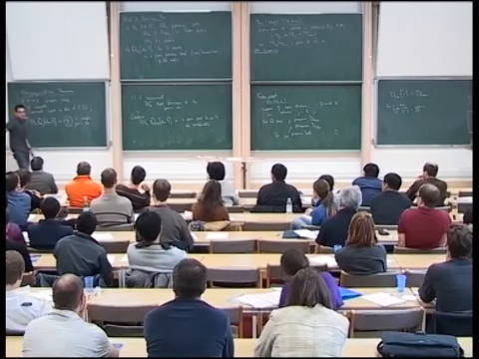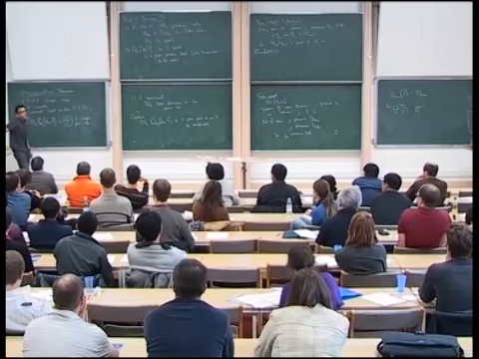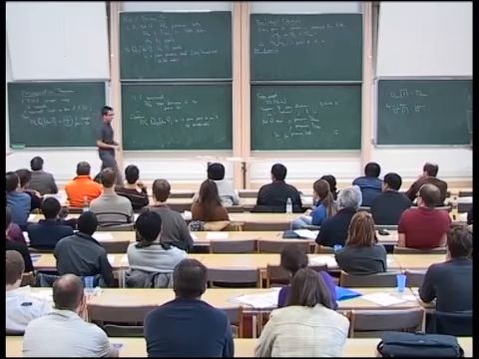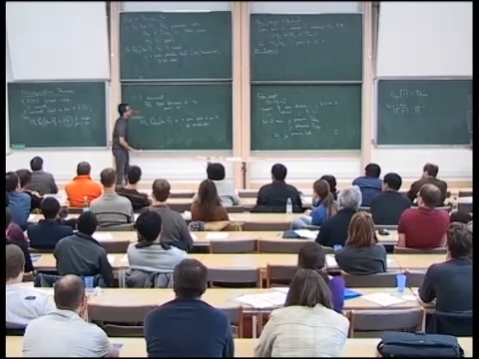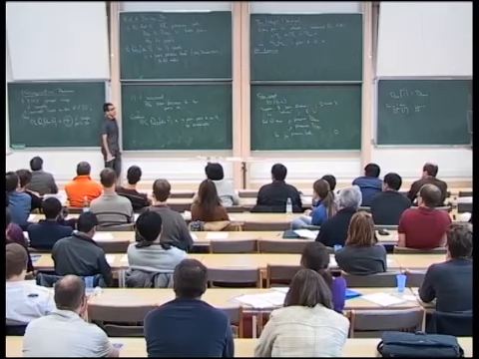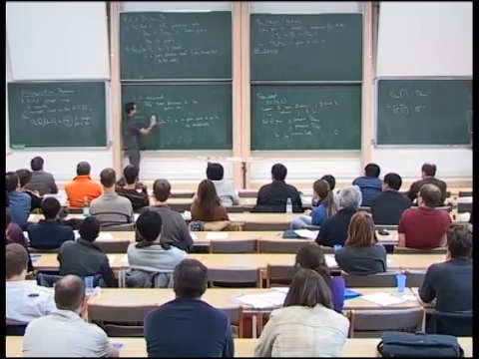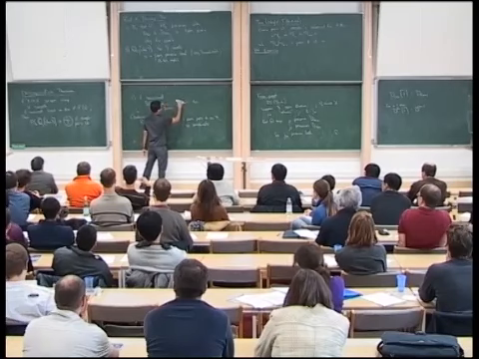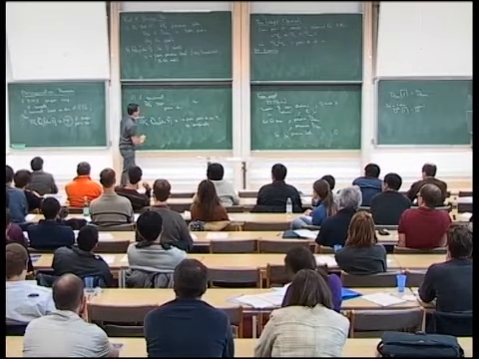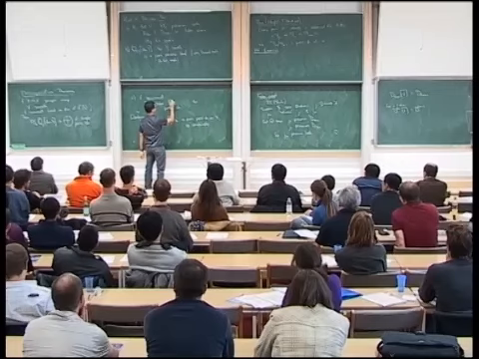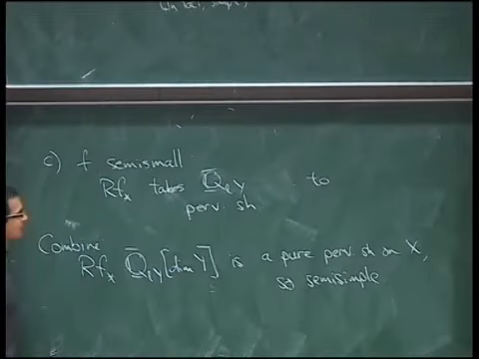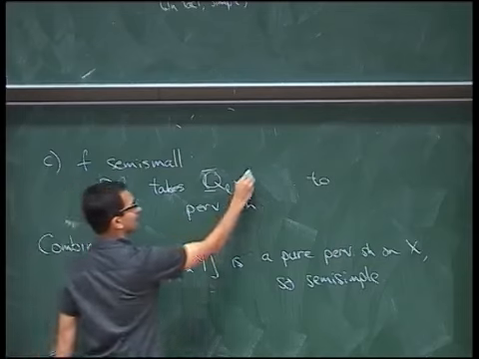I think it might be true for things supported on the open stratum. The simple counterexample is provided by the blow up of C^2, if you take the intersection cohomology complex on the exceptional fiber. So at any rate, this is correct.